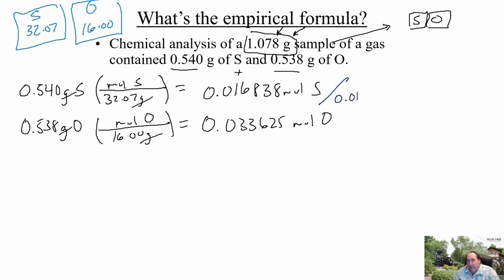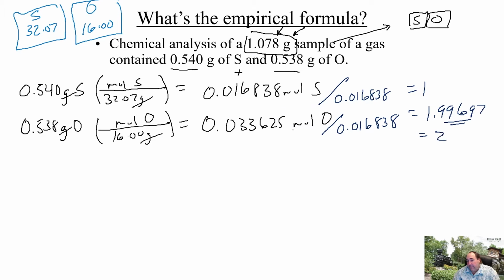So we'll take 0.016838 and divide them both by that number. That's going to give us a 1 for the sulfur. We're going to divide the oxygen by 0.016838, and on my calculator that gives us 1.99697. That is pretty close to 2, close enough to round. So this is a situation where it is definitely close enough to round.